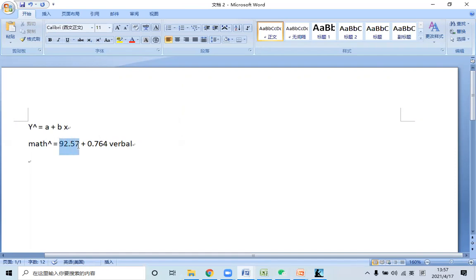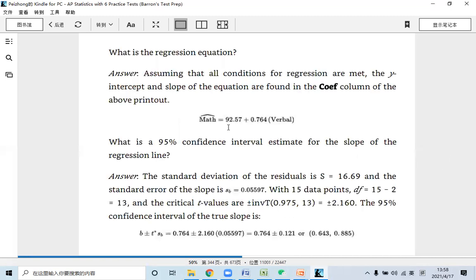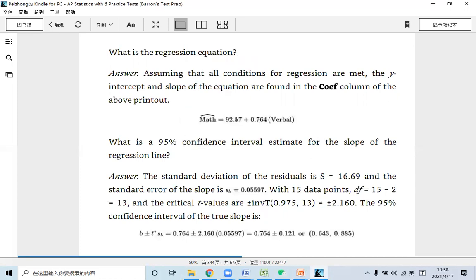And this 92.57, what does that mean? 92.57 is here, so when the verbal score is 0, when you don't have any verbal score, your predicted math score is something like 90, it's around here, 90 point something. That's a regression formula. You write it this way.